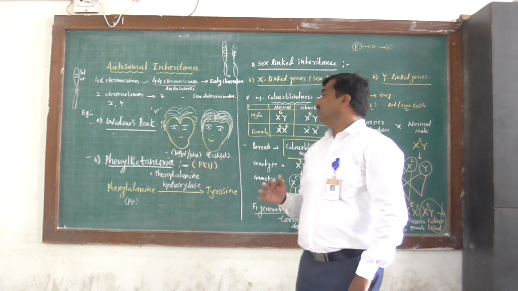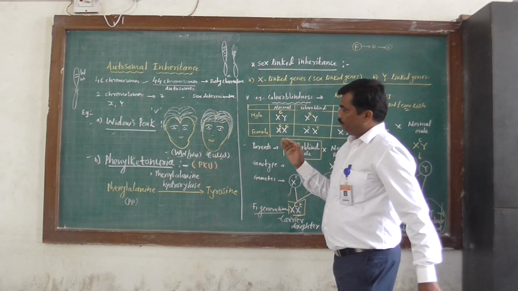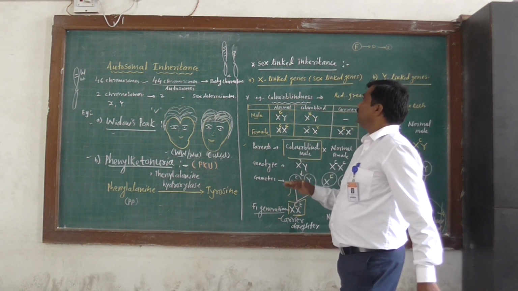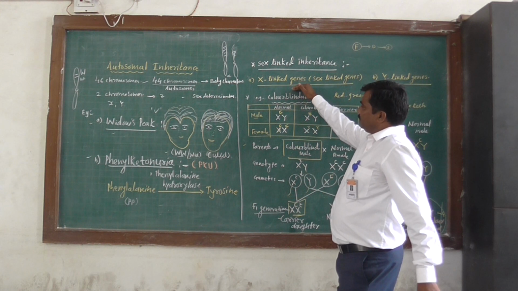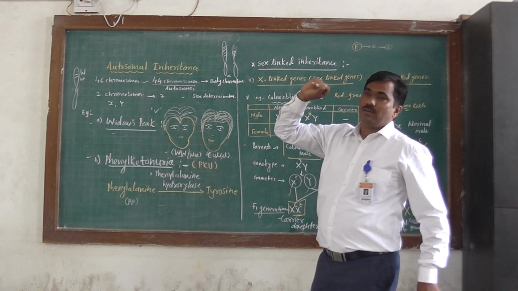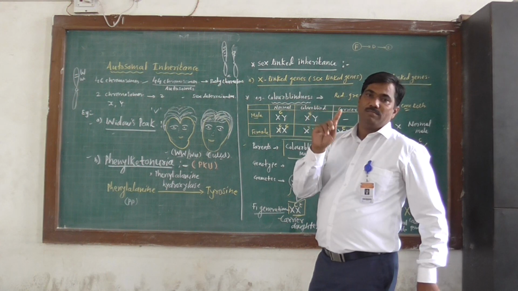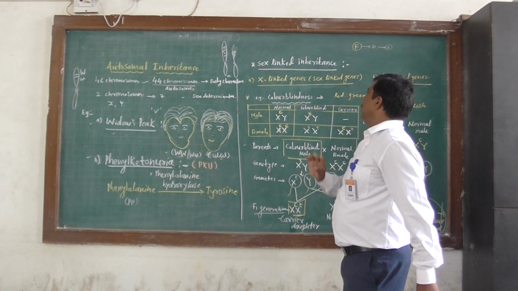Okay, I think you understood what autosomal inheritance is, what PKU is, what widow's peak is, and what X-linked inheritance is. X-linked inheritance means the genes located on the non-homologous region of the X chromosome are inherited from parent to offspring.